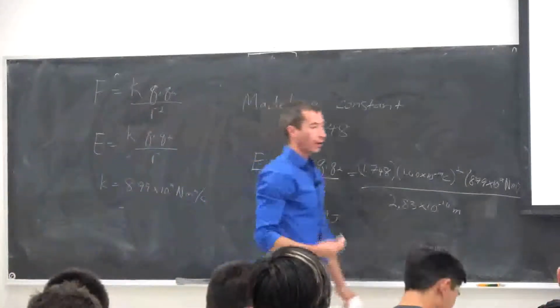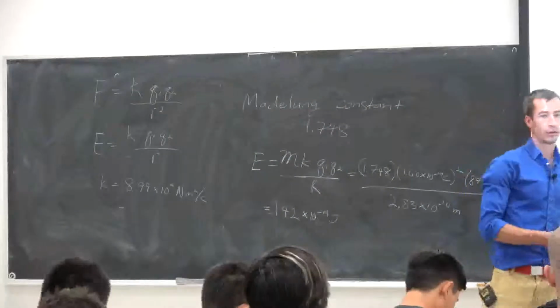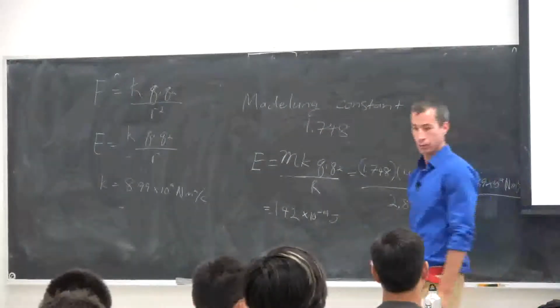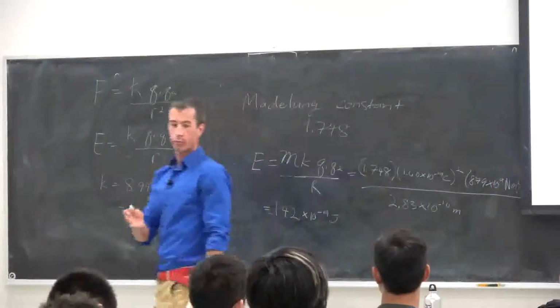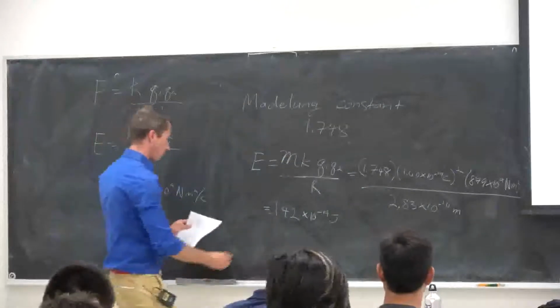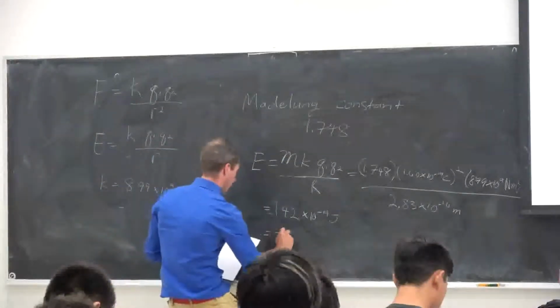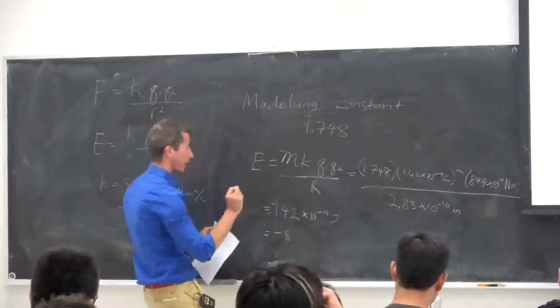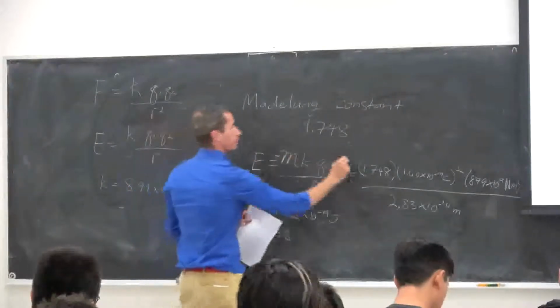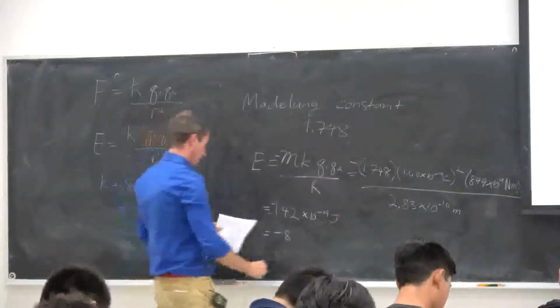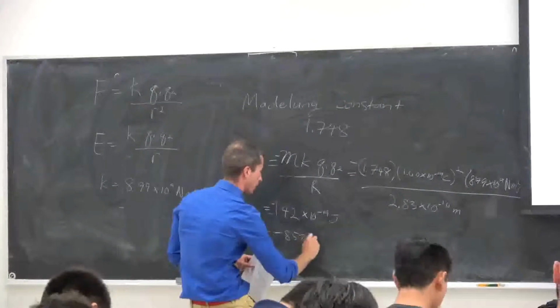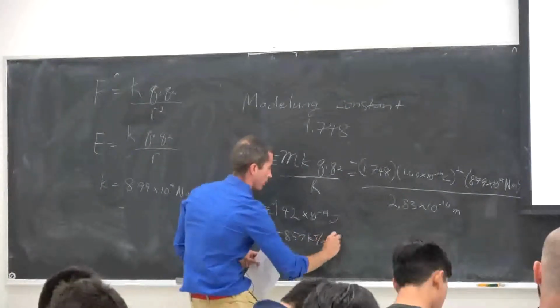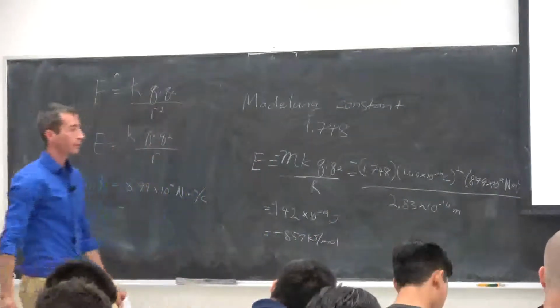Because what did we define our lattice energy to be? Kilojoules per mole. So this is negative 857 kilojoules per mole for sodium chloride.